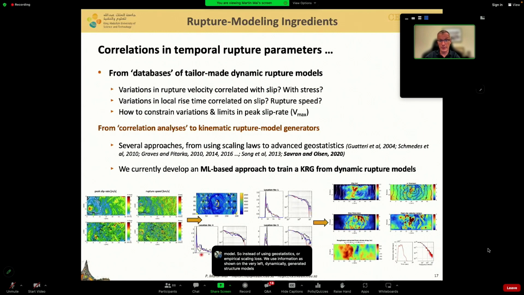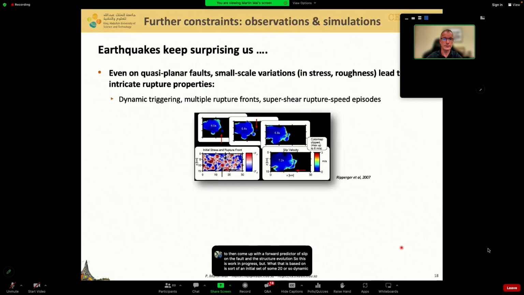We look at the Yoffe function behavior at individual points, their spectral characteristics, and inject that into, let me say, a nested machine learning algorithm to then come up with a forward predictor of the slip on the fault and the rupture evolution. So this is work in progress, but what that is based on is an initial set of some 20 or so dynamic rupture models.